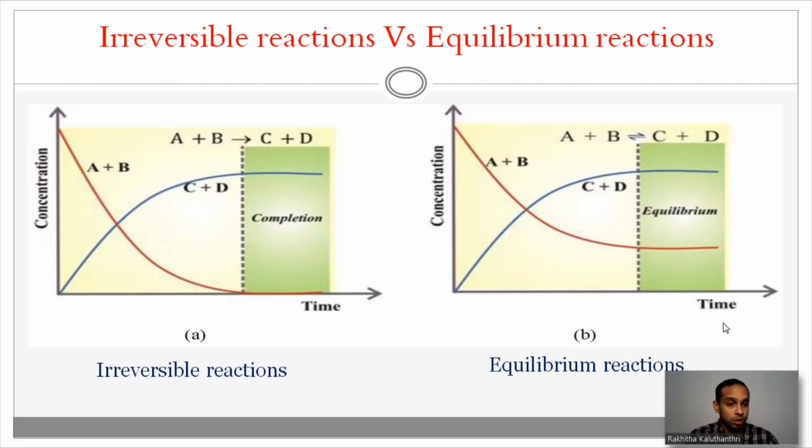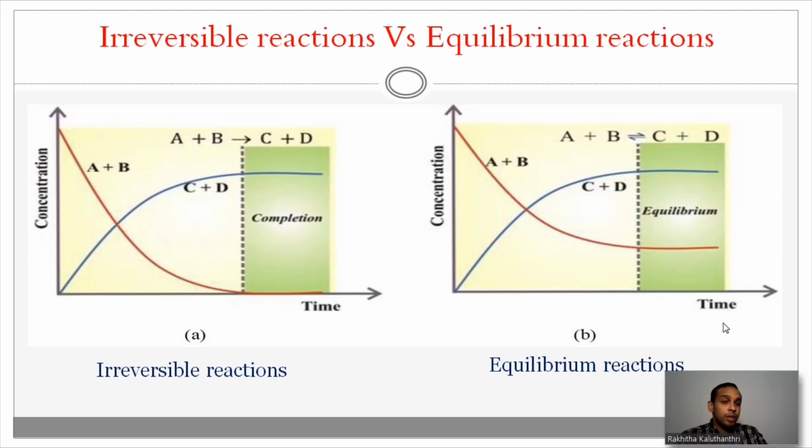The same happens to the C and D concentrations. Now you might think, did the reaction stop? Did it come to a stop? Not necessarily. At this particular point, we say an equilibrium is achieved.